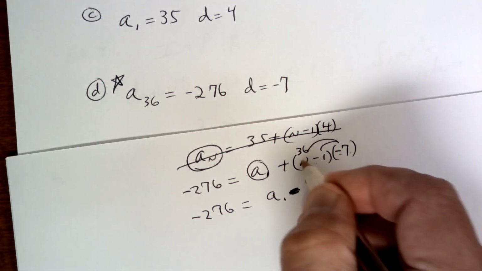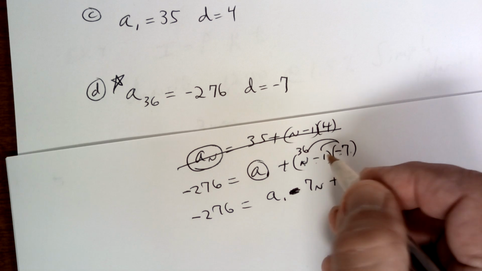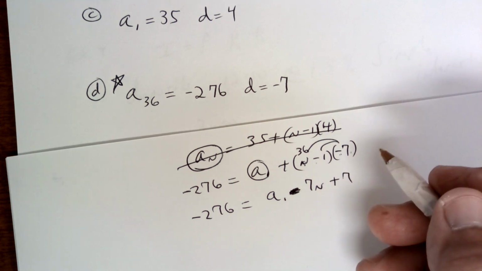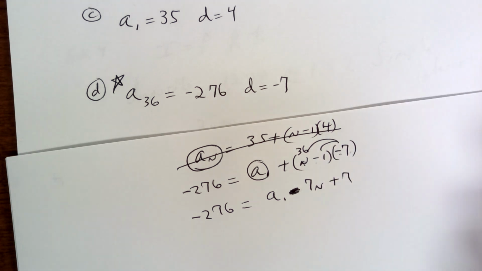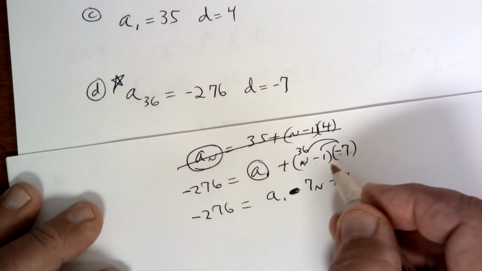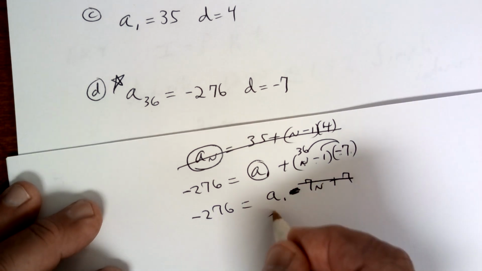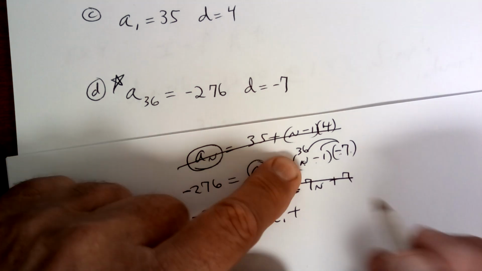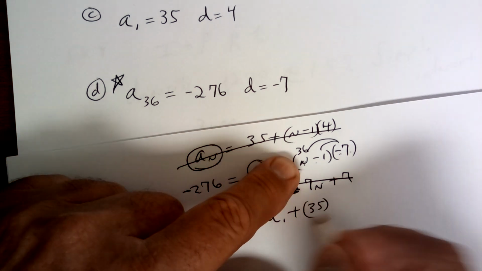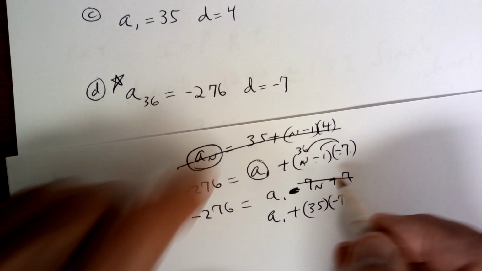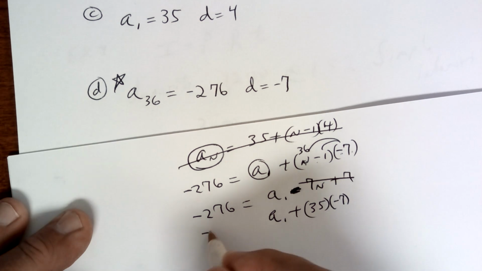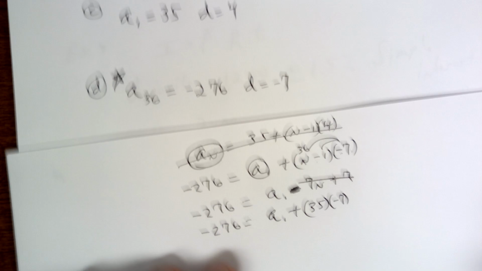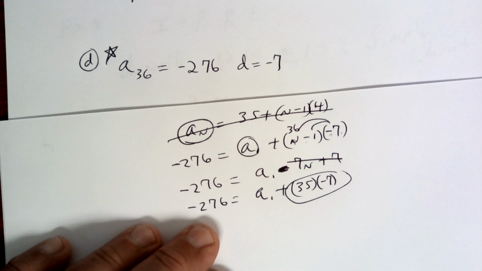So that's going to be 36 minus 1. That should be 35. So let me back out of this here and just take it as a sub 1 plus 35 times negative 7. Okay, that's better. All right, at this point, you're going to go ahead and multiply that.